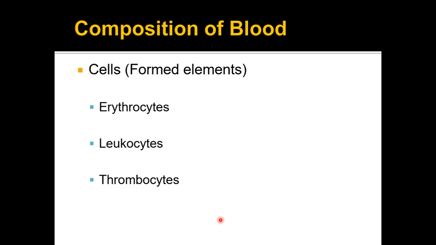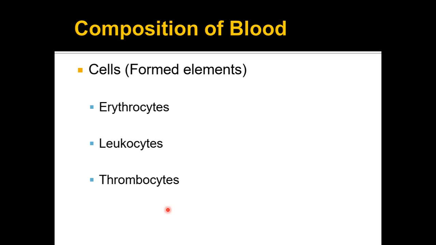So let's look at the formed elements. Defining all of these as cells might be a little bit misleading. So let's look at this. Erythrocytes. That's basically the fancy word for saying red blood cells. Leukocytes, again, that's just the general term we use for white blood cells. And then thrombocytes.